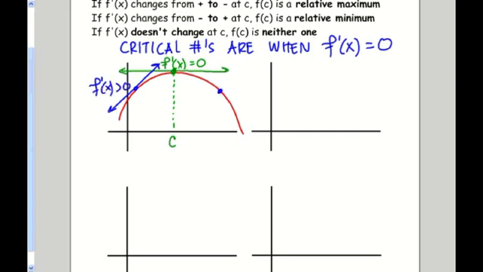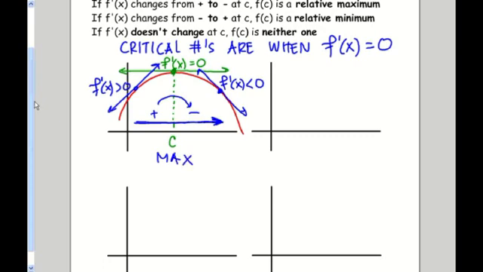And over here, my derivative is less than 0. So everything that I'm thinking of is moving across the graph in this direction. If it switches from positive to negative at c, I know that I've got a maximum at my critical number.